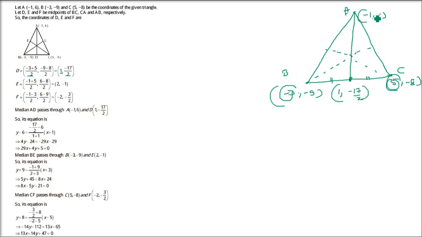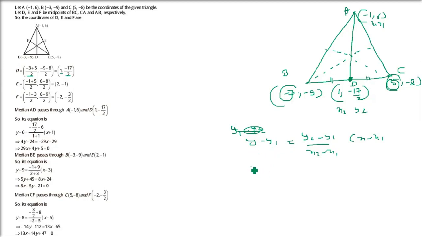Now we have to find the equation of the line. Say this is D. So the AD line we have to find out. We have 2 points and we know how to find the slope. Let us take x1, y1 as -1 and 6. So y minus y1 equals y2 minus y1 by x2 minus x1 times x minus x1. This is x1, y1 and this is x2, y2.